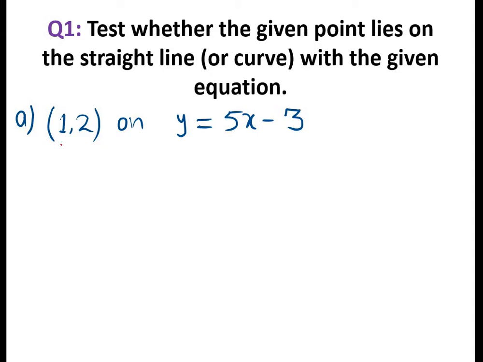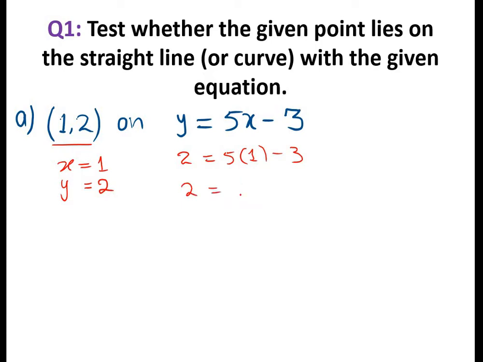So we have the equation, and the point is here, which means x is 1 and y is 2. Now we have to substitute this point in the equation. So y is 2, and for x we replace its value, which is 1.